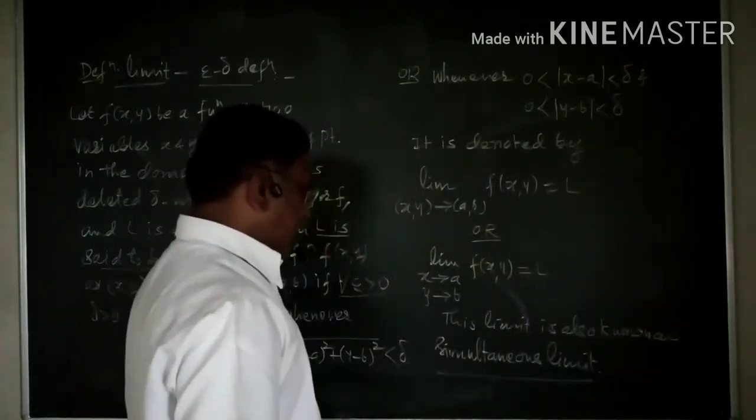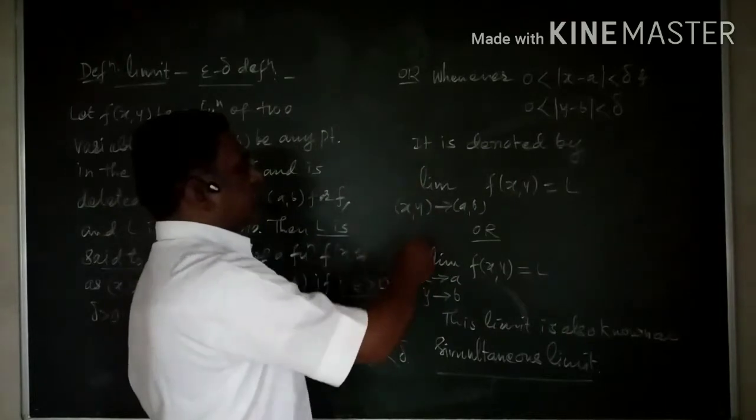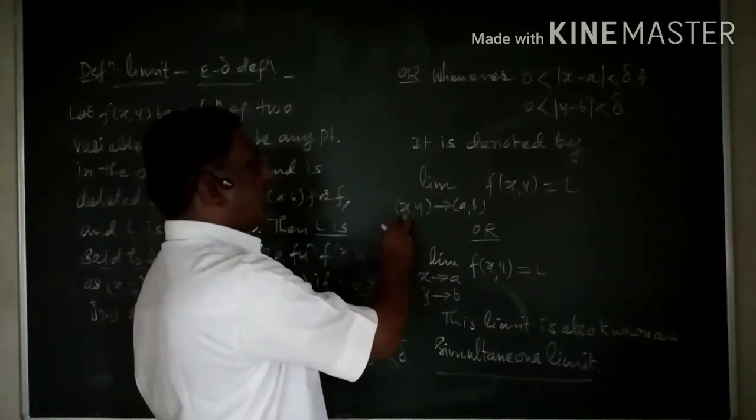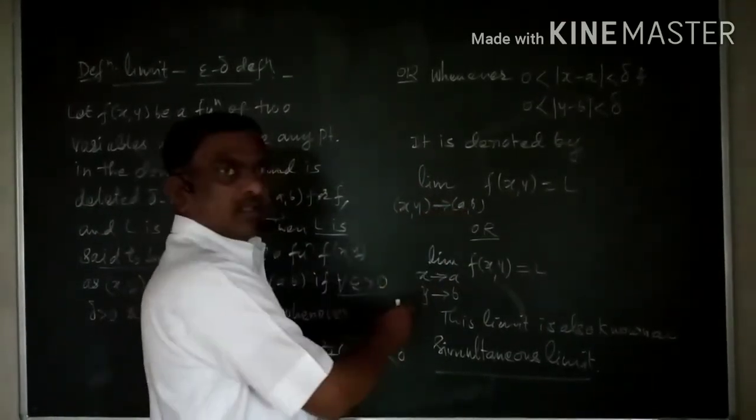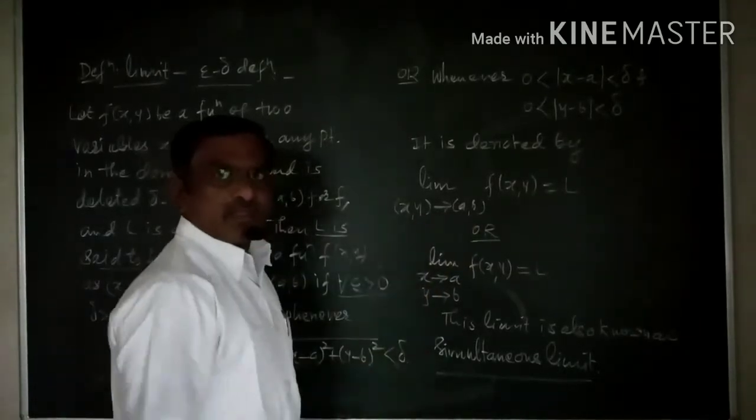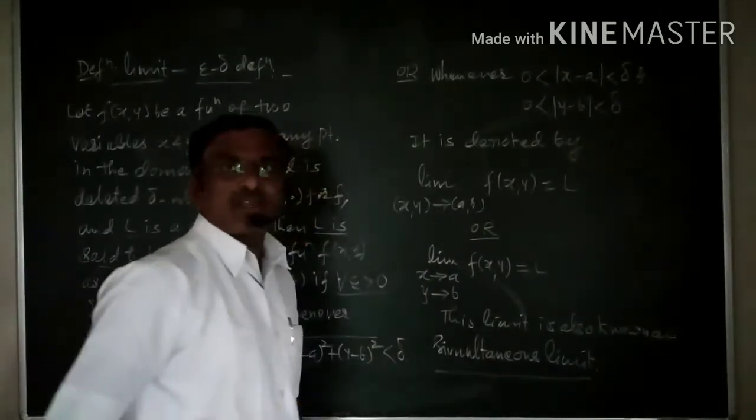Why simultaneous? Because at the same time we are considering x approaches a and y approaches b, and that is why it is known as a simultaneous limit.